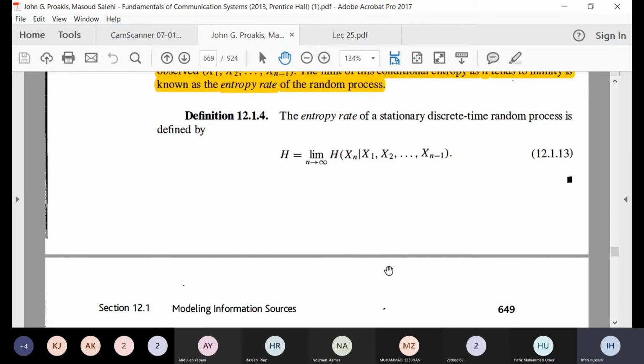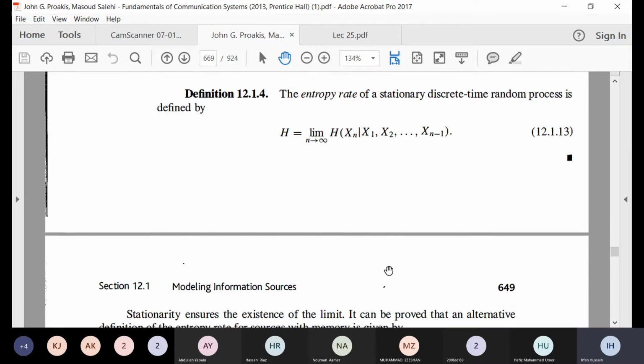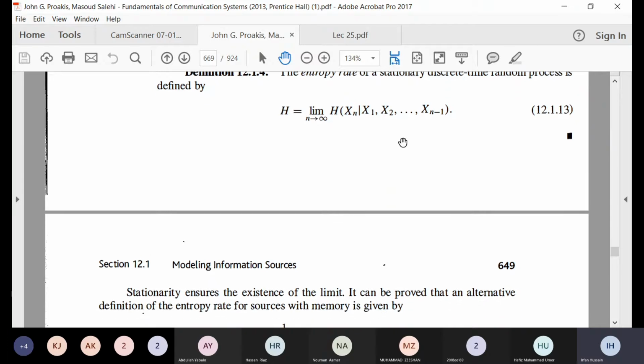So entropy when n tends to infinity. What is the entropy of this?